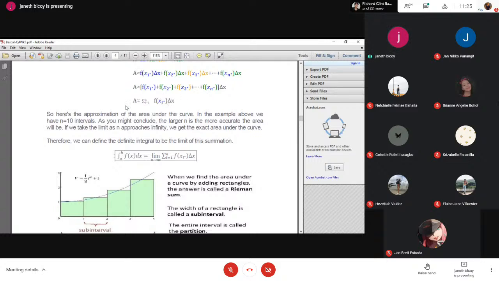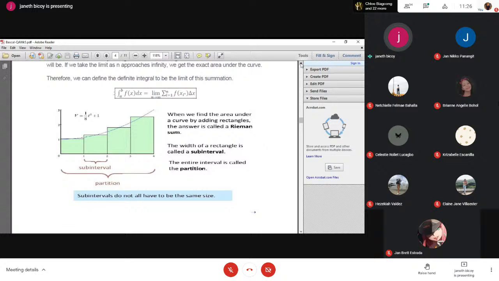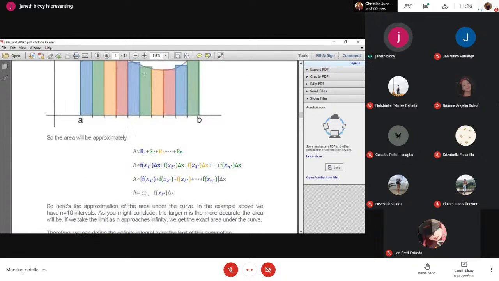And this notation, class, the sum of all the rectangles, is actually our definite integral. Why infinity? Because we can construct as many rectangles as we want, bigger or smaller. So n goes to positive infinity, to find the area of this region below the curve, bounded by the vertical lines x equals a, x equals b, and the x-axis.